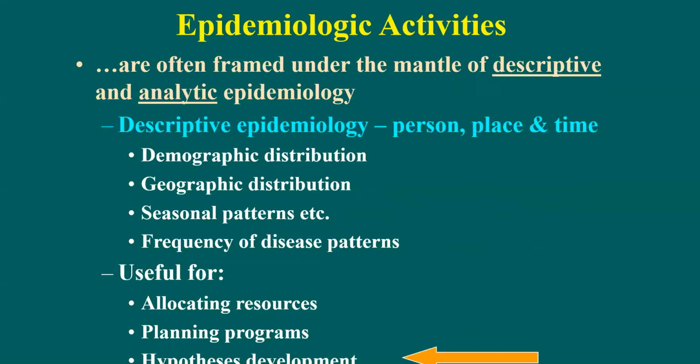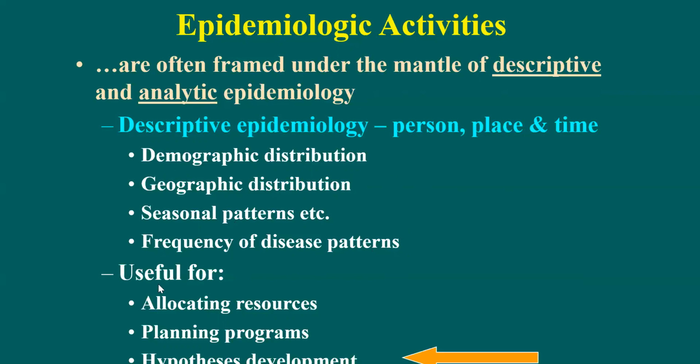So just to recap, for you to understand this whole concept, which is very important: for descriptive epidemiology, we are talking of place, person, and time. We want to know the demographic distribution, the geographic distribution, the seasonal patterns, and the frequency of disease patterns.